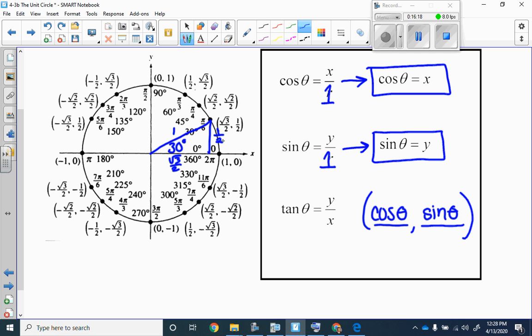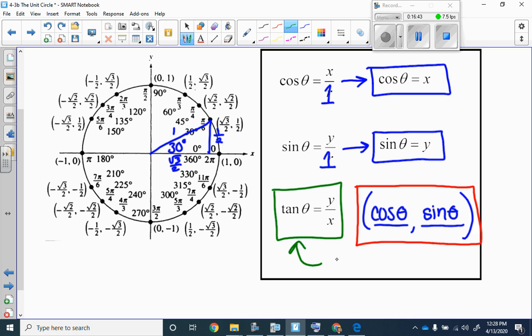Notice that that is my x-coordinate. When I take the sine, I'm taking the opposite over the hypotenuse, 1/2 over 1. Notice the 1/2 right there. So your coordinate is always cosine theta, sine theta. Think of it alphabetically as well: C comes before S.